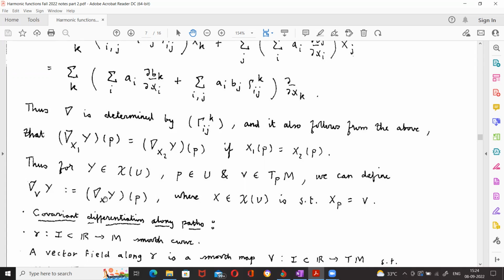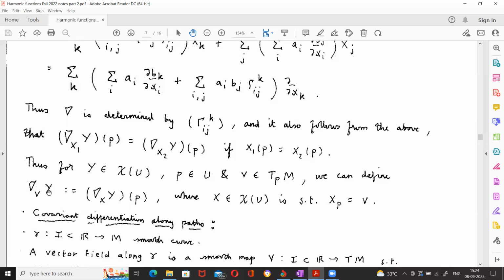So we've sort of gone backwards from the way that we did for submanifolds of R^n, right? For submanifolds of R^n, we started with nabla_v Y, that is the covariant derivative of a vector field with respect to a tangent vector. And then we defined the connection, the covariant derivative of a vector field with respect to another vector field.